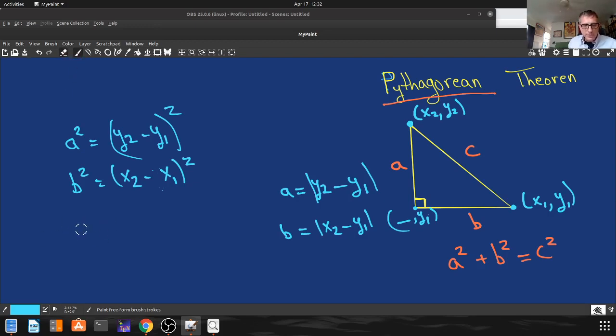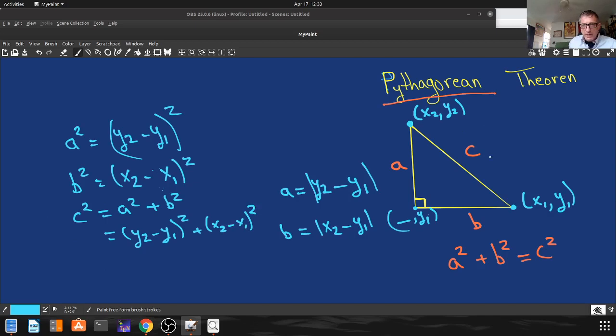And with this electronic drawing space, which I absolutely have every intention of using, even when we go back to the classroom, well, C squared is y2 minus y1 squared plus x2 minus x1 squared.